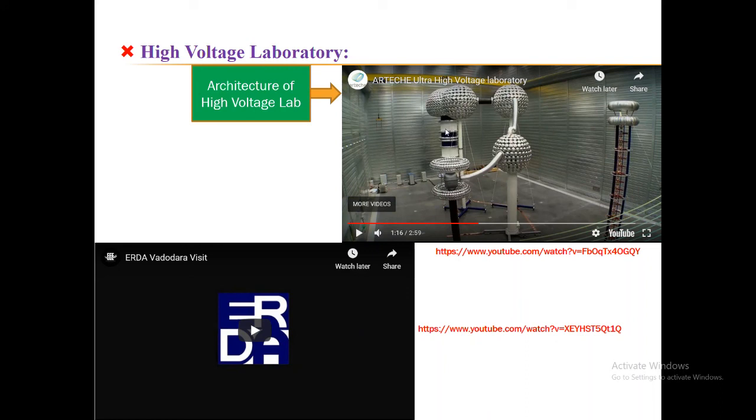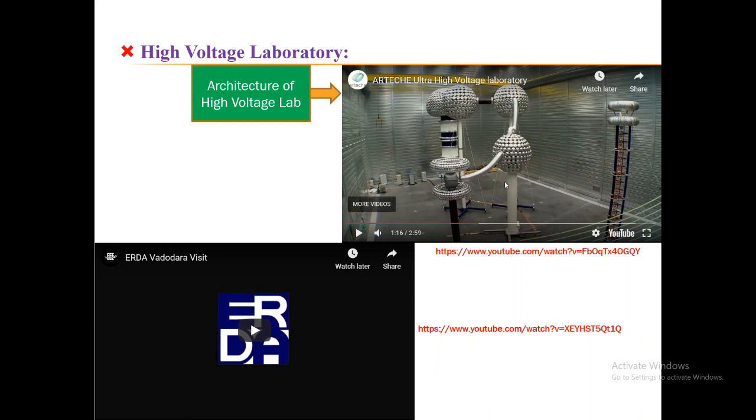The first side is the cascade transformer for generating very high voltages. Then of course measurement is required, so ideally a resistive potential divider circuit is used. And at a later stage you will see the charging of that impulse voltage generator.